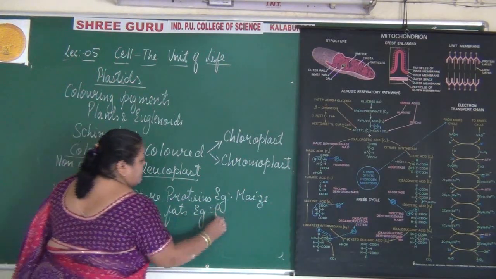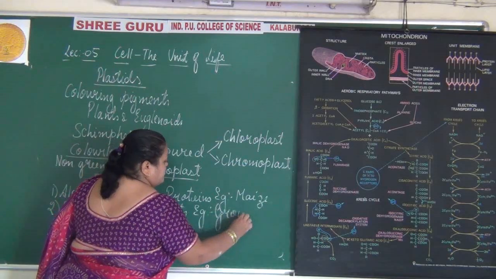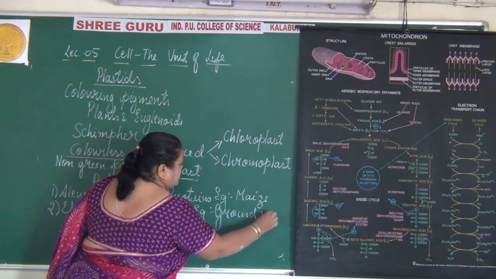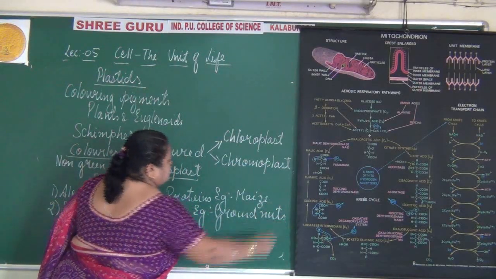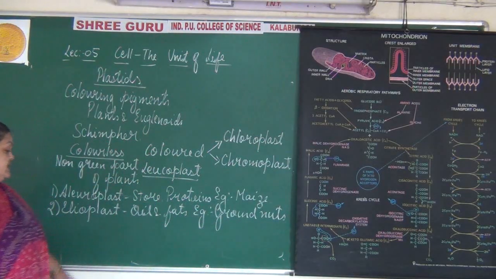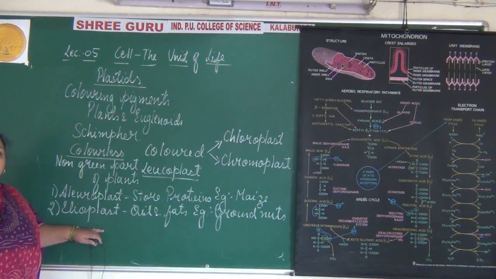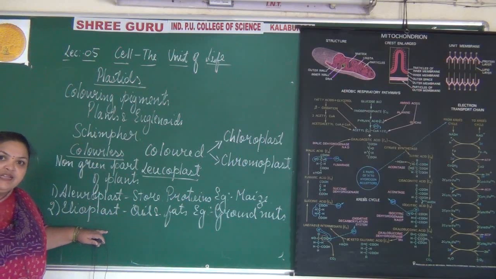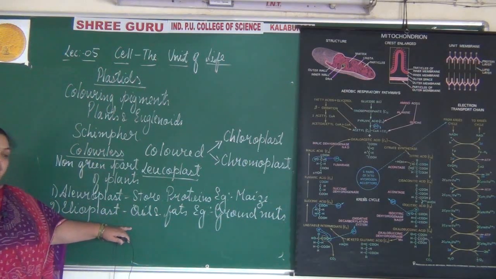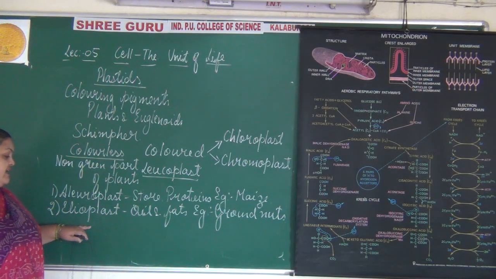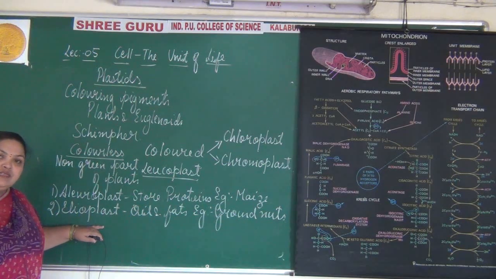Example, groundnuts. All those seeds or components which store oils and fats are elaioplasts.